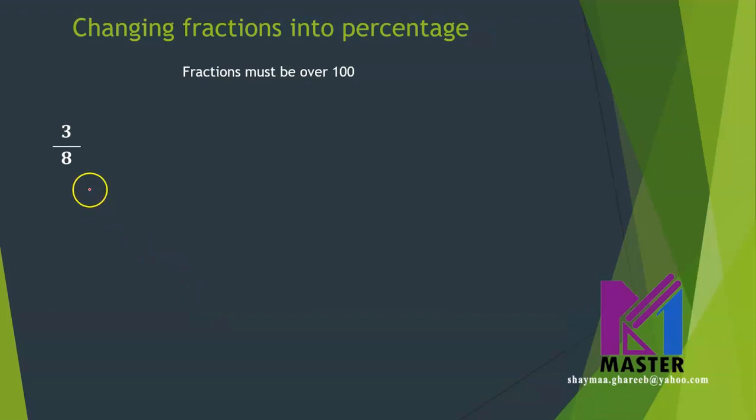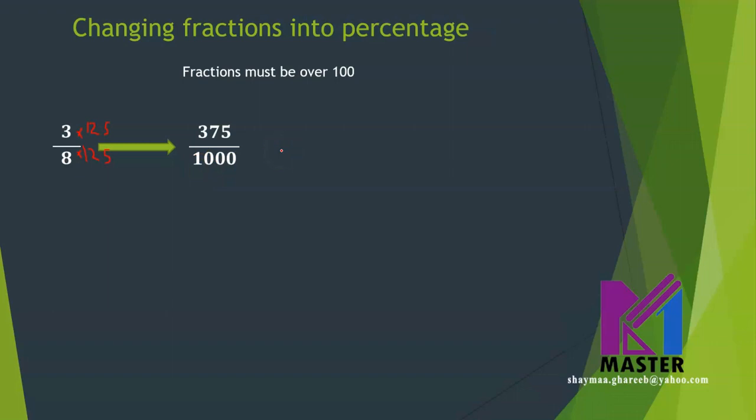So now, let's see more fractions about the 8s. 3/8, I will do exactly the same. We know if I have a fraction over 8, I will multiply by 125 up and down, and I will be following the same steps exactly. So it will be 3 times 125 is 375 over 1,000.